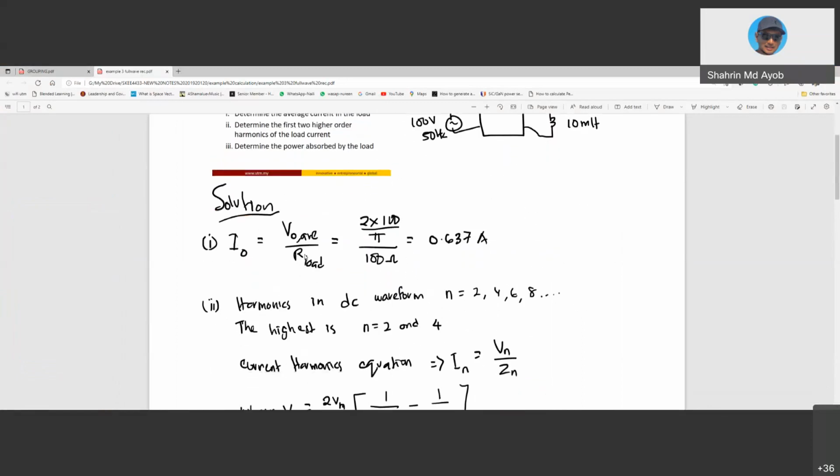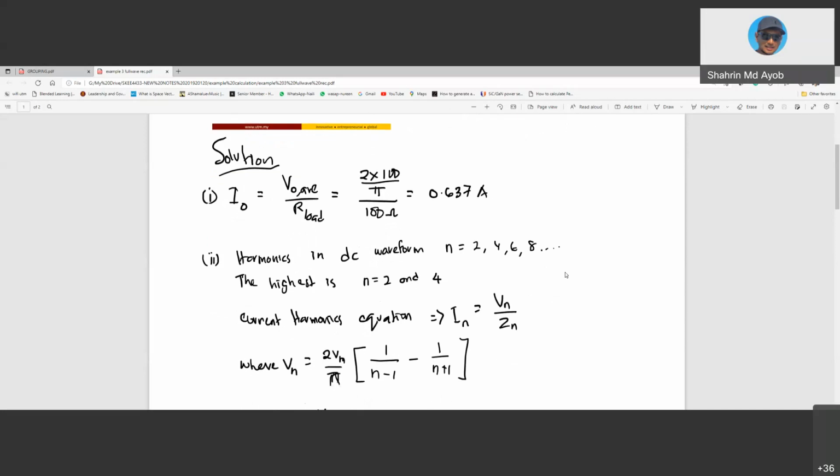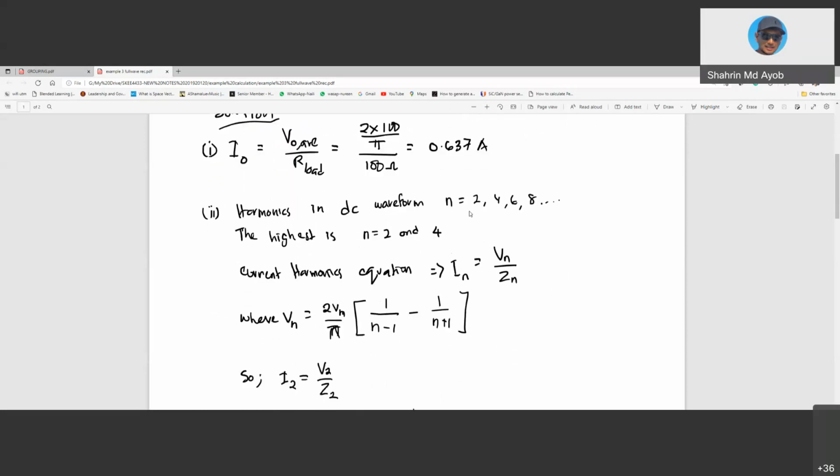The first one is I out average, which is 0.637 amperes. The number 2 is the harmonics in the DC waveform, where the harmonic numbers are even: 2, 4, 6, and so on. But the question requires only the first two higher order harmonics, number 2 and number 4. By using this equation, you need to calculate the Vn first.